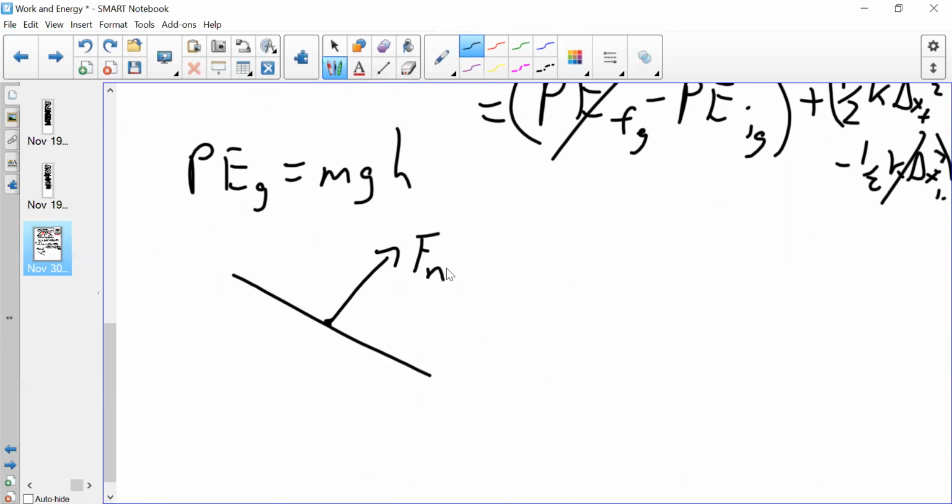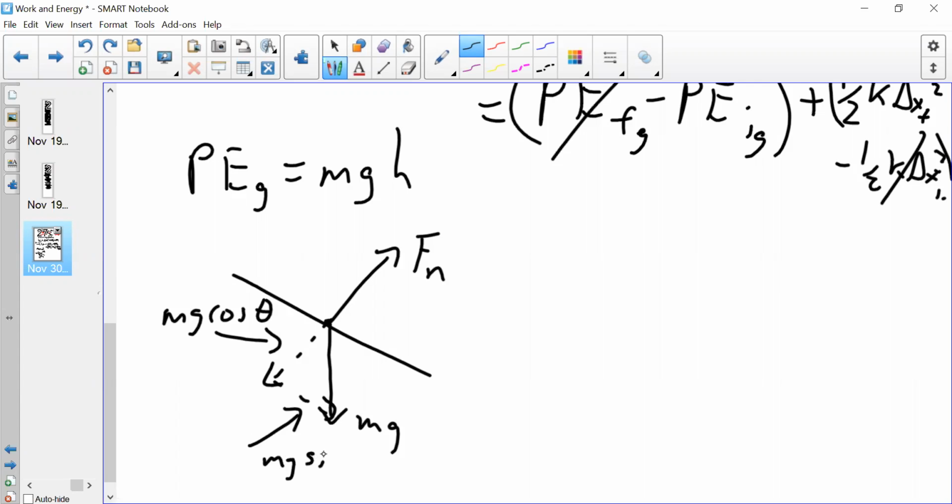So here's Fn, and then mg is always pointing straight to the center of the Earth. This is going to be mg cosine theta, and this was mg sine theta. So Sam, you're correct. So normal force will be equal to mg cosine theta.